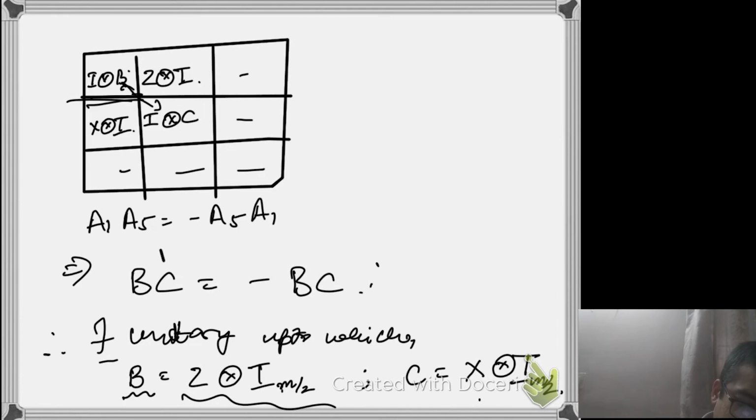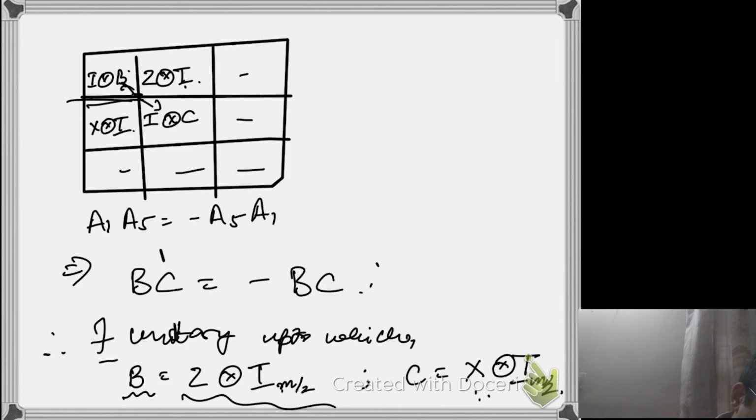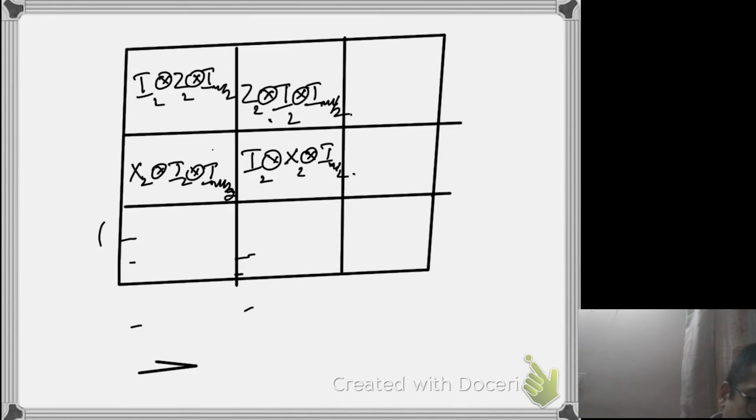And A5 is I tensor C, C is X tensor IM by 2, so overall this is I tensor X tensor IM by 2. And then A2 and A4 are Z tensor I and X tensor I. So I am going to write it as Z tensor I tensor IM by 2. IM can be written as I2 tensor IM by 2. These are all I2, X2, Z2, and this one is X2 tensor I2 tensor IM by 2. So this was X tensor I, but I am breaking I as I2 tensor IM by 2.